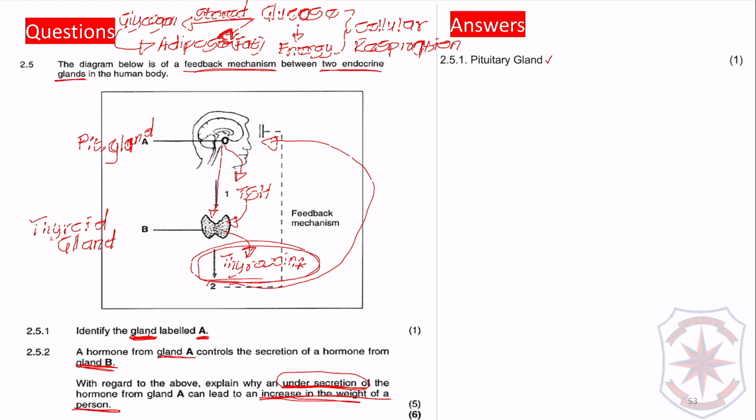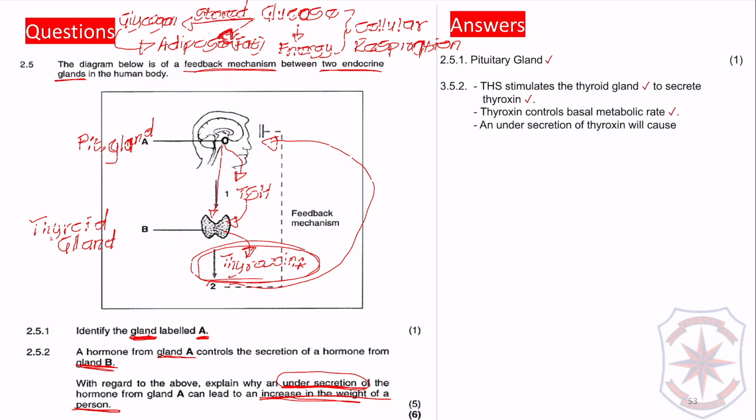Okay, now let us look at the answer to question 252. TSH stimulates the thyroid gland to secrete thyroxin. Thyroxin controls basal metabolic rate.